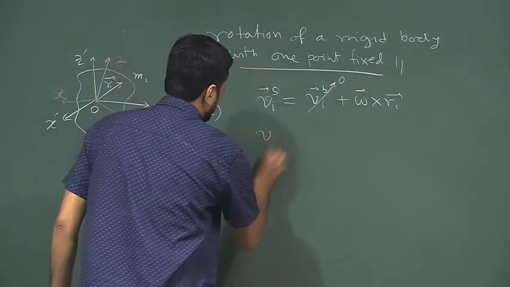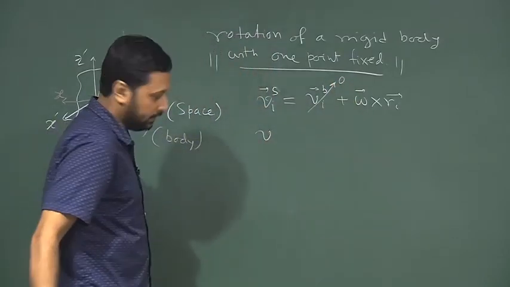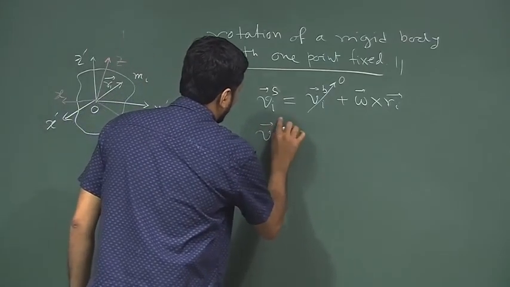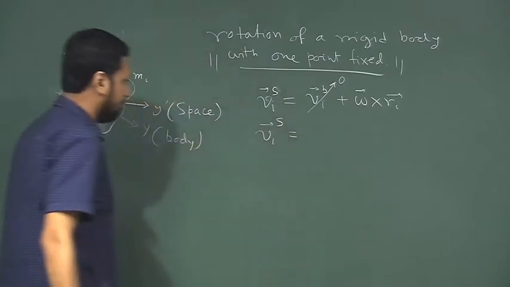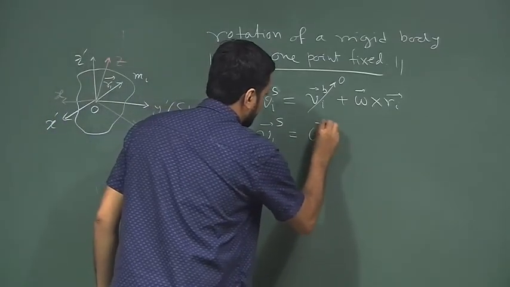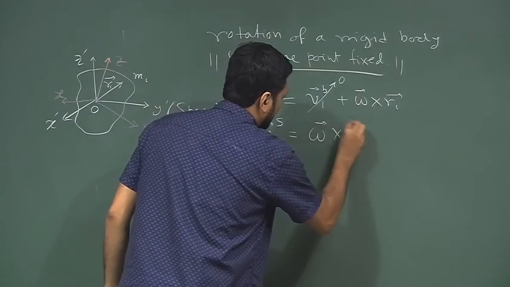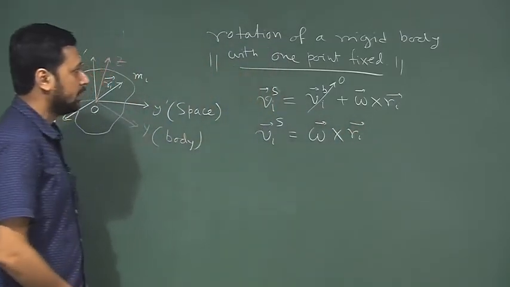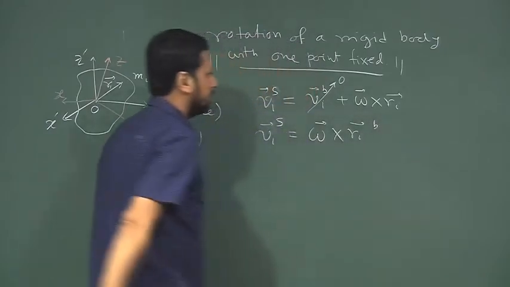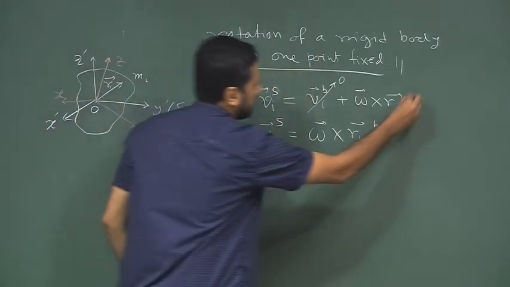So, v, which is the velocity as measured from a static frame or space set of axes, is only omega cross r I, and r I is measured with respect to the body set of axes.